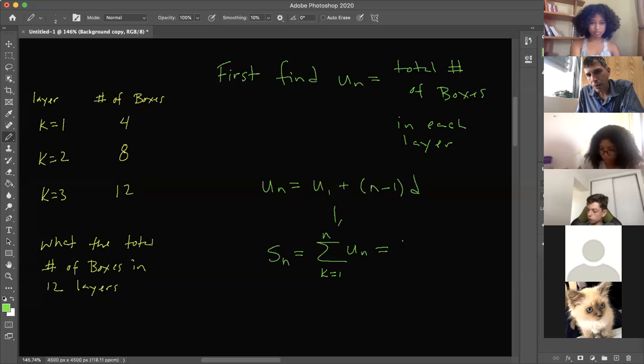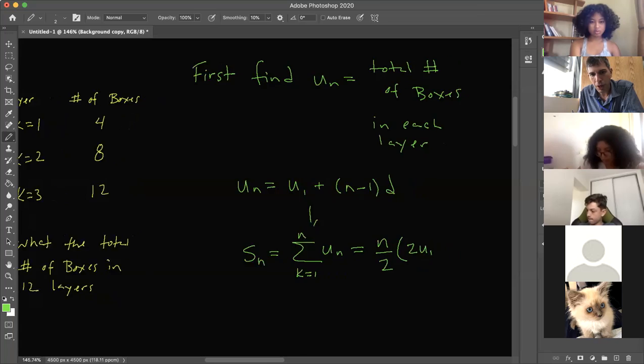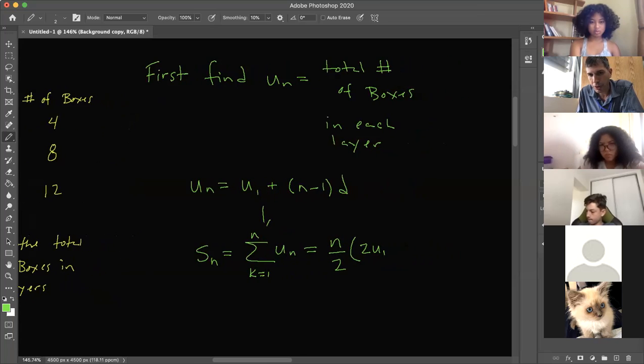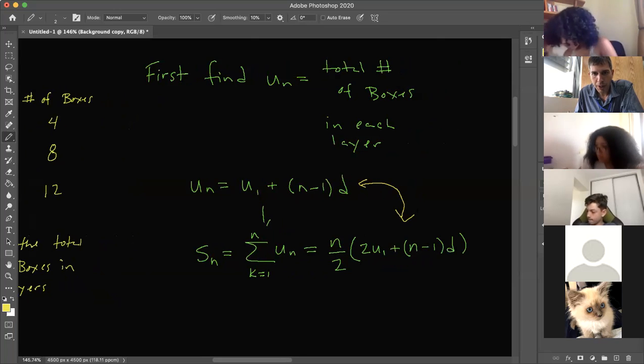And this is going to equal the total number of boxes, n divided by 2 times (2u_1 plus (n minus 1) times d). We'll talk about where this formula comes from maybe in class. This formula basically comes from the number of boxes per layer. Okay, so I'm going to show you how to use this formula today.